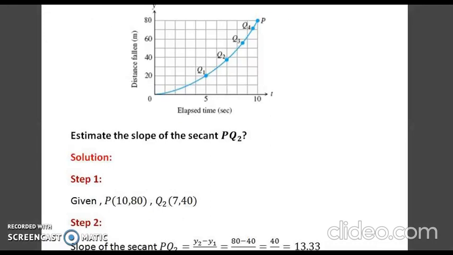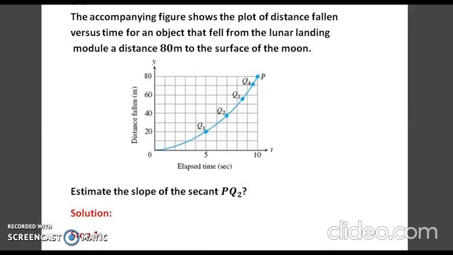Here we have an important problem. The accompanying figure shows the plot of distance fallen versus time for an object that fell from the lunar landing module a distance of 80 meters to the surface of the moon.